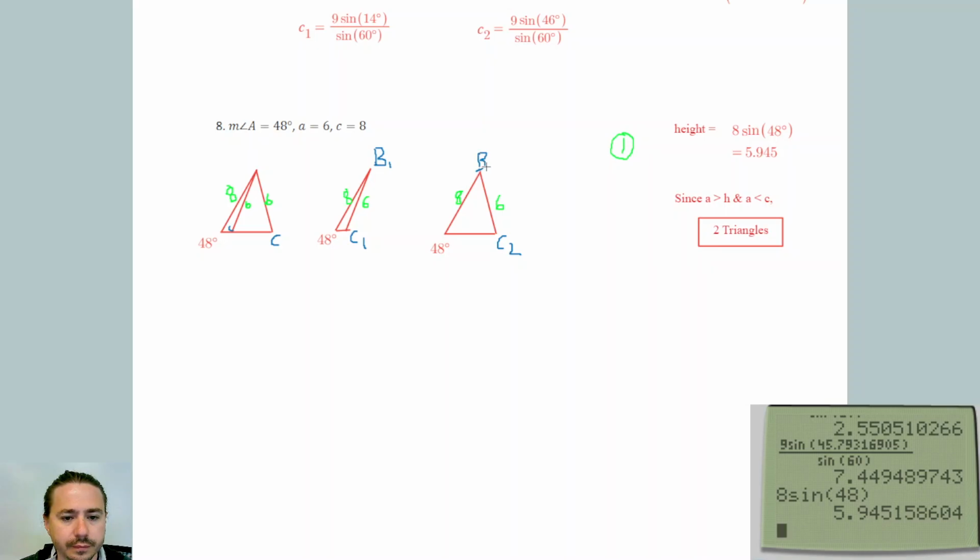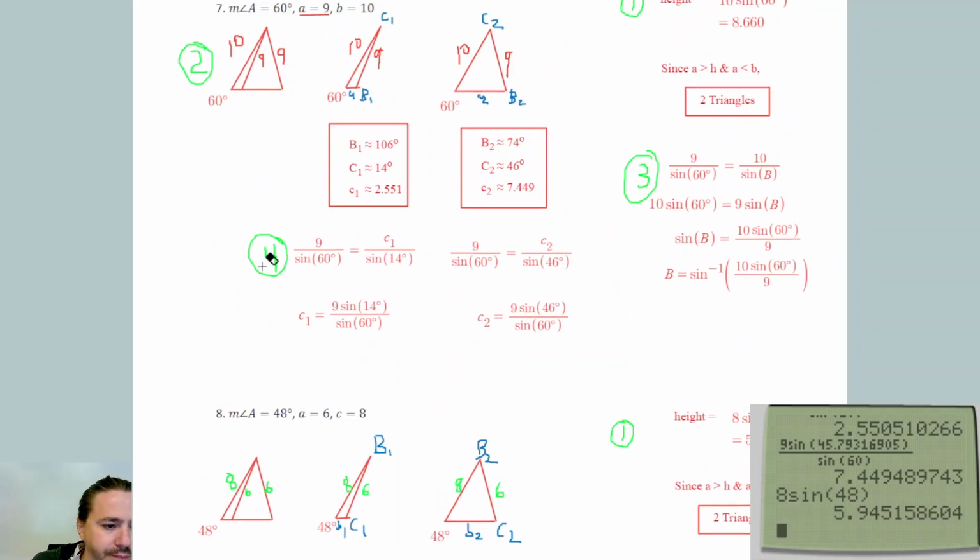And this would be side B. I'll see if I can squeeze in a little B1 here. All right, so there we go. This is what they would look like if they were overlaid on top of each other, and this is what they would look like separated out.